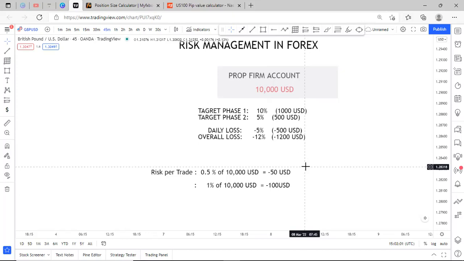Okay, so now in 10 trades, you had a loss of minus $500 from your 10,000 US dollar account. That will be leaving you with 9,500 US dollar, of which you still have your account intact.